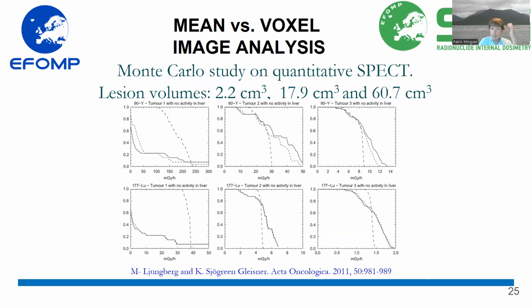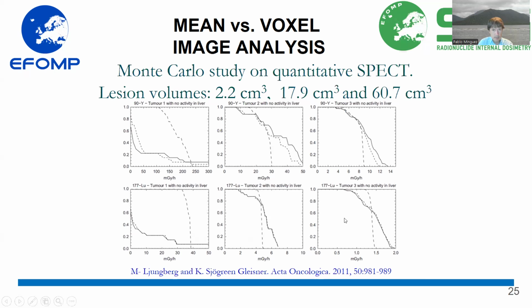Here we can see a nice example of how we can perform very complicated Monte Carlo calculations, but the results are going to be far from the real distribution of activity or the distribution of absorbed dose.